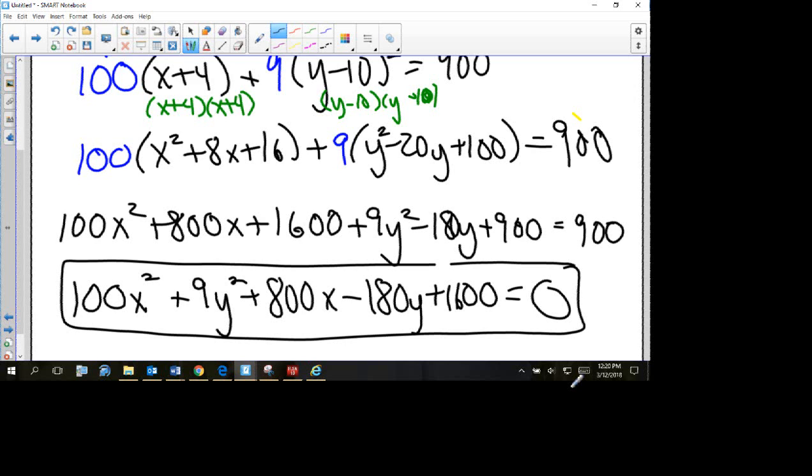All right, so you've done something wrong. So I have the steps up there. If they match up, then you know you've done it correctly. If they don't match up, find your mistake.